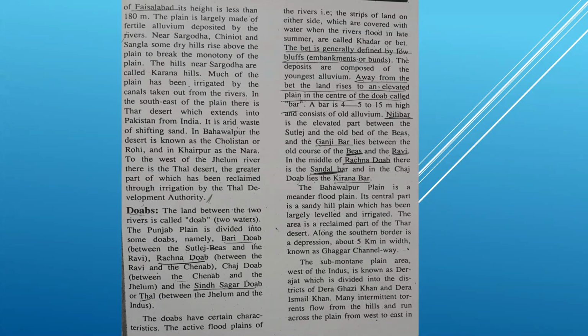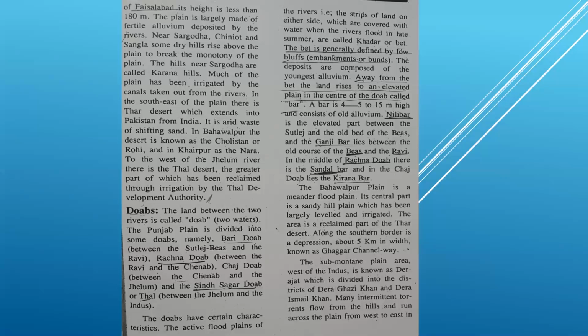The plain is largely made of fertile alluvium deposited by the rivers. Near Sargodha, Chiniot and Sangla, there are some dry hills in this region. They are in the upper Indus Plain. Dry hills rise above the plain to break the monotony of the plain.